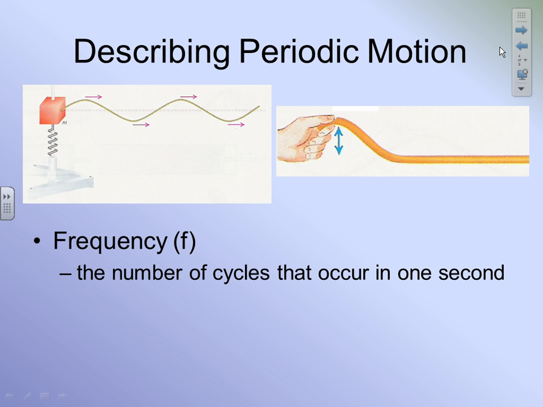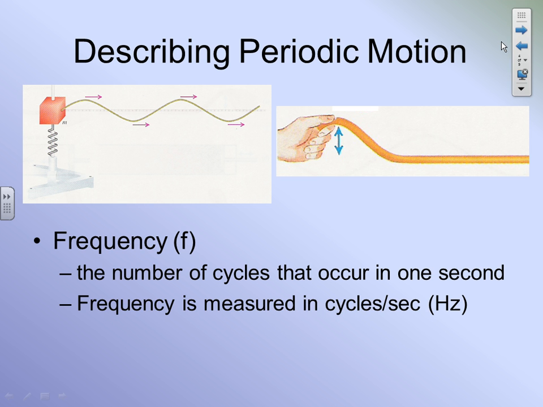If I had a pendulum that could start here, go there, and come back to where it started in 1 second, it would have a frequency of 1. The unit that we use to measure frequency is the hertz: capital H, lowercase z. When you see that, it represents cycles per second.